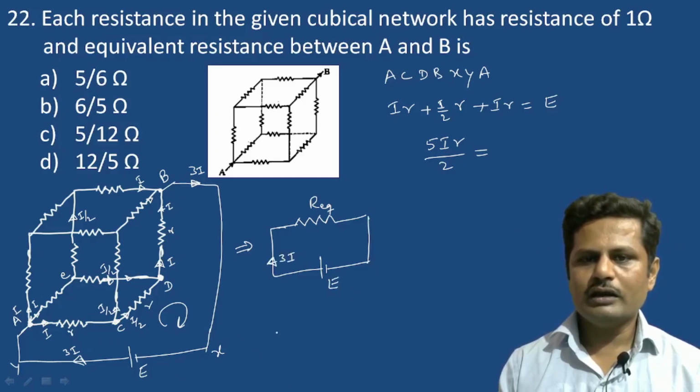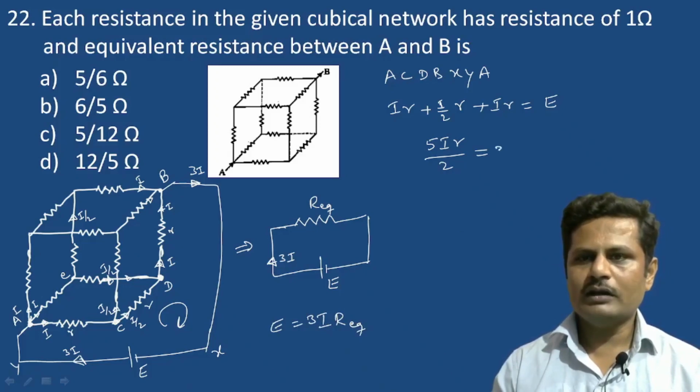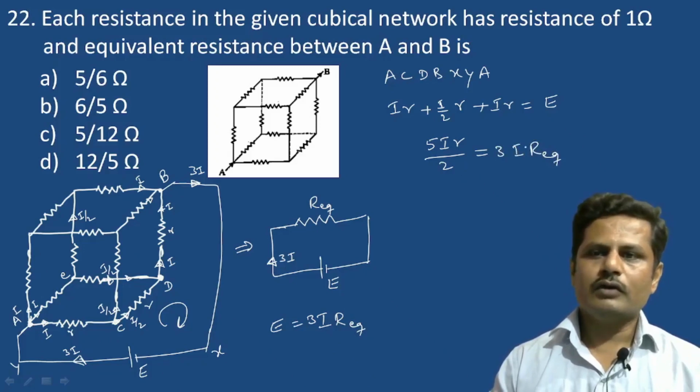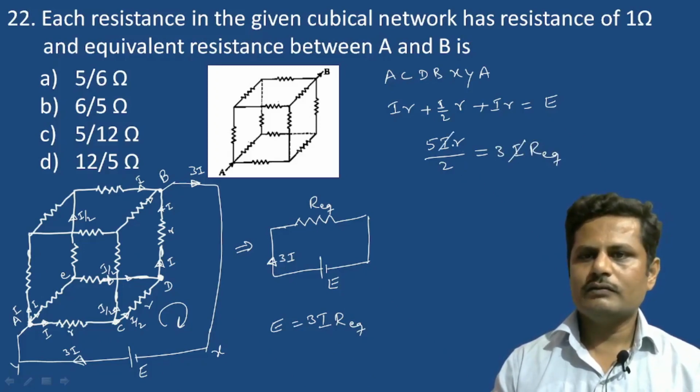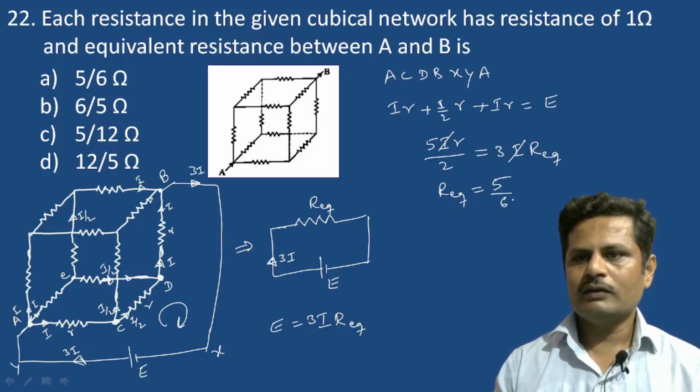Now we can write E equals 3I into R equivalent. So in place of E I am writing 3I R equivalent. Therefore I and I cancel, and R equivalent is equal to 5 by 2, and the 3 comes to the denominator, so it is 5 by 6 R.